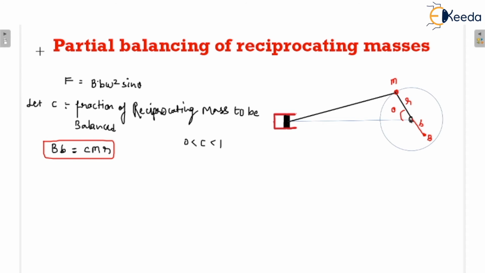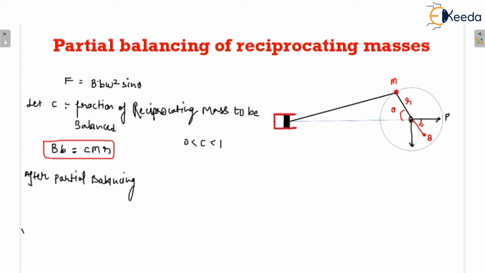So when we have done the partial balancing, what would be the result? Now see here, this would be the perpendicular component and this would be the horizontal component.